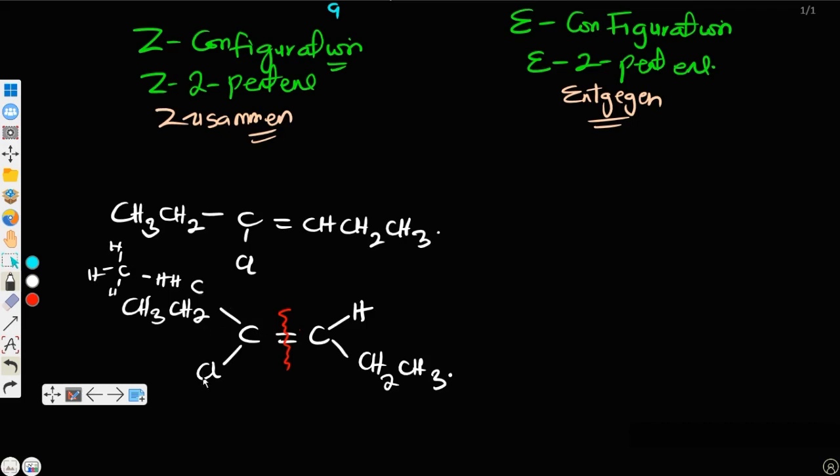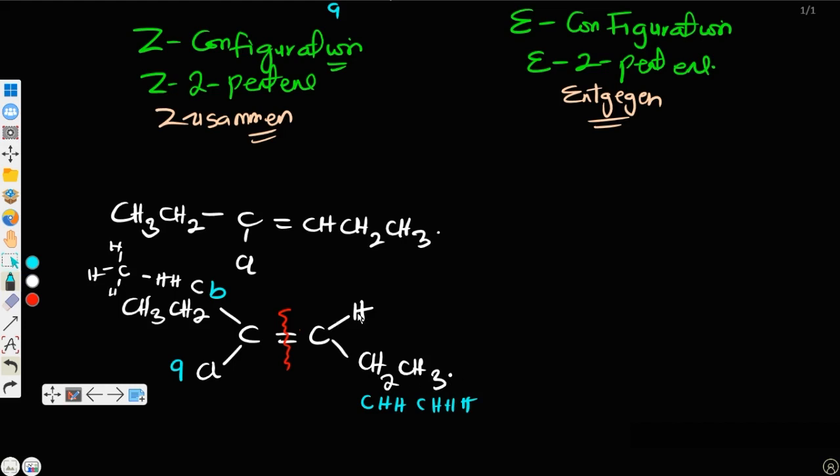Between this carbon and this chlorine, which will have the highest atomic mass, atomic number, rather? Chlorine has a higher atomic number than carbon. So chlorine will be A, while this carbon will be B, right? And then this one, hydrogen here, and this carbon here. This carbon here means carbon bonded to hydrogen, then carbon again, hydrogen, hydrogen, hydrogen.